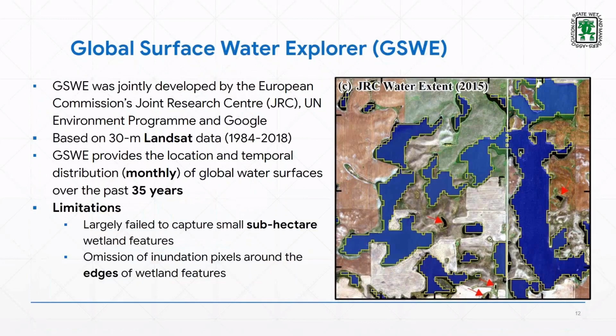So if you recall, I mentioned earlier that in the PPR, according to the NWI, the median size is only roughly 2 Landsat pixels. So it was not able to capture those smaller ones. And you will also see that for those inundation pixels around the edges of those wetlands, they basically closely match the current wetland status.